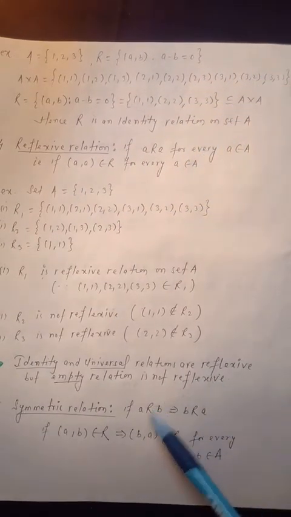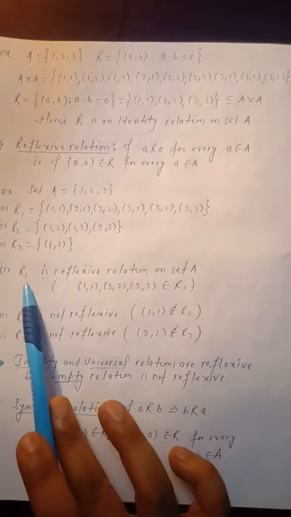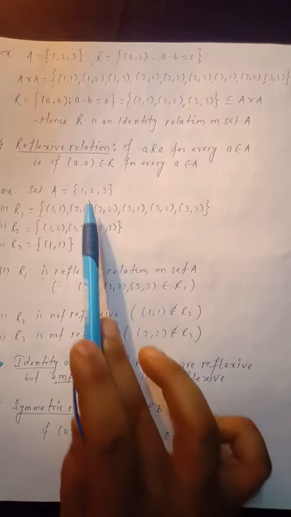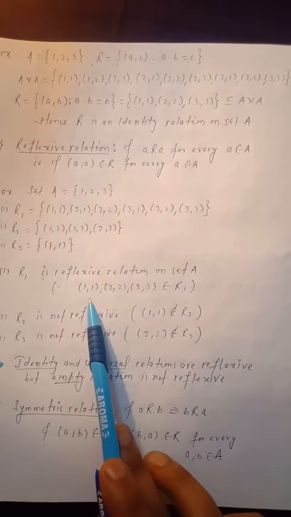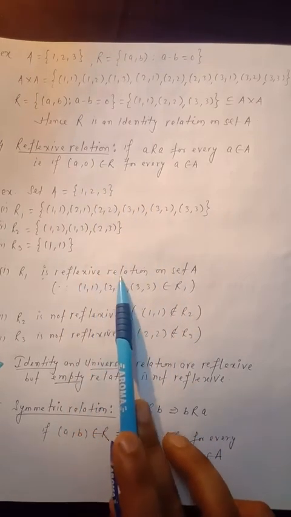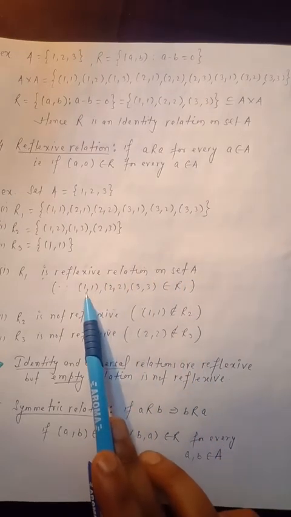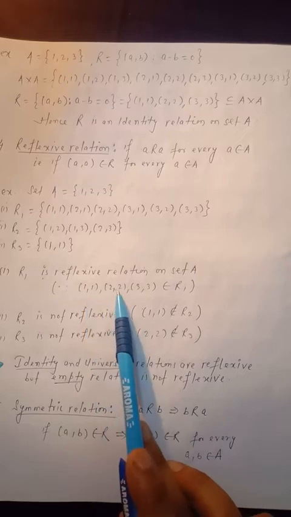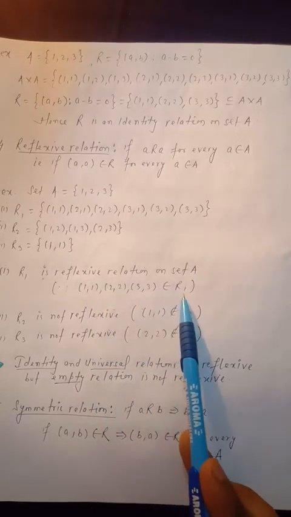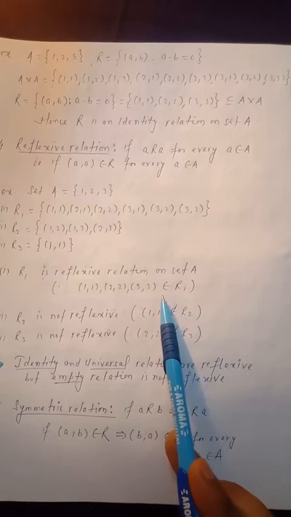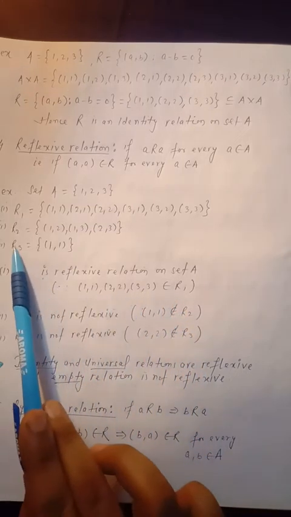So no problem. Since R1 satisfies the basic condition that (a, a) belongs to R, therefore R1 is a reflexive relation on set A, because in R1 (1, 1), (2, 2) and (3, 3) are present. So R1 is reflexive.